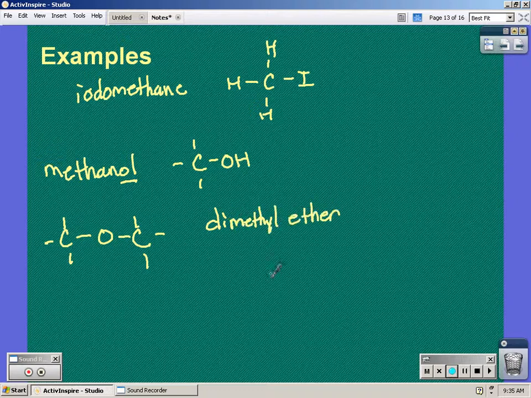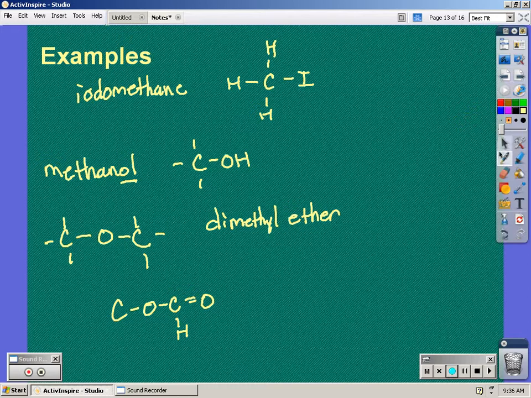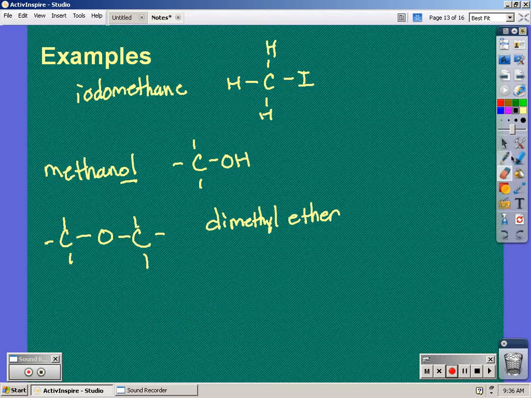And then if I had, let's say, I'm sorry, I wrote that wrong. Alright, let's try this one. If I had a structure like that, I have 1 carbon, so that's methyl, or meth.